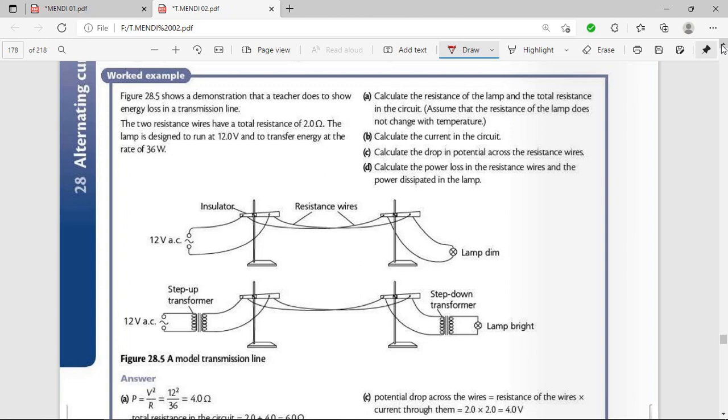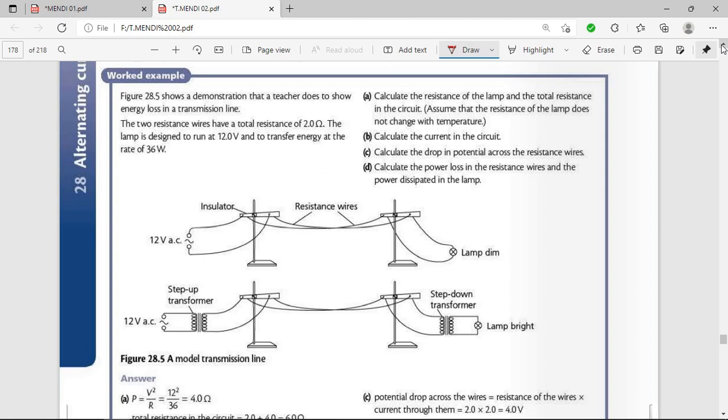The lamp is designed to run at 12 volts and to transfer energy at a rate of 36 watts. A, you need to calculate the resistance of the lamp and the total resistance of the circuit. Assume that the resistance of the lamp does not change with temperature.